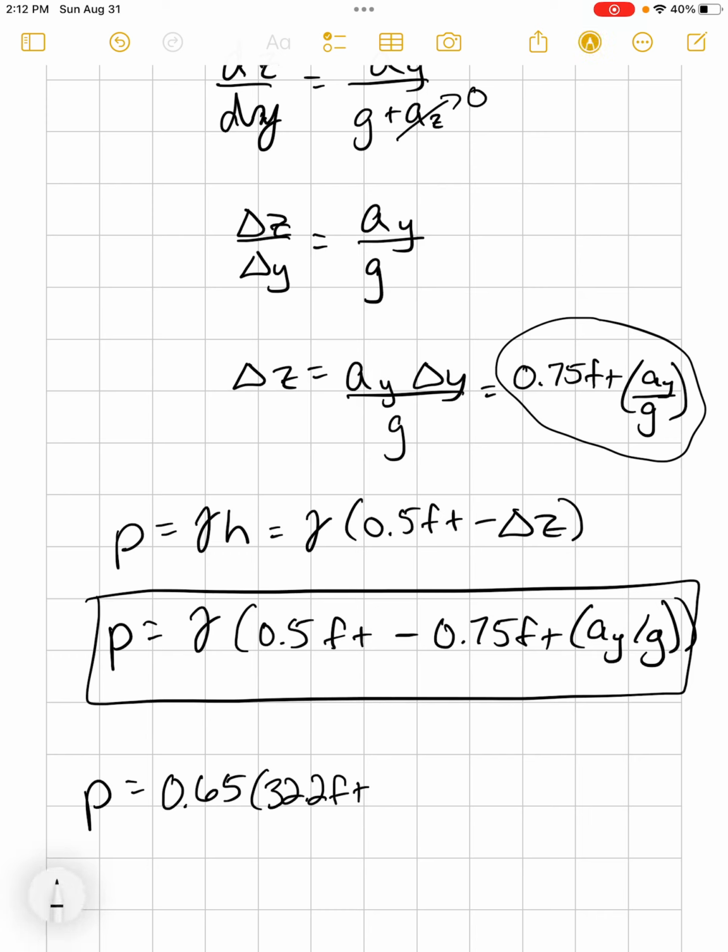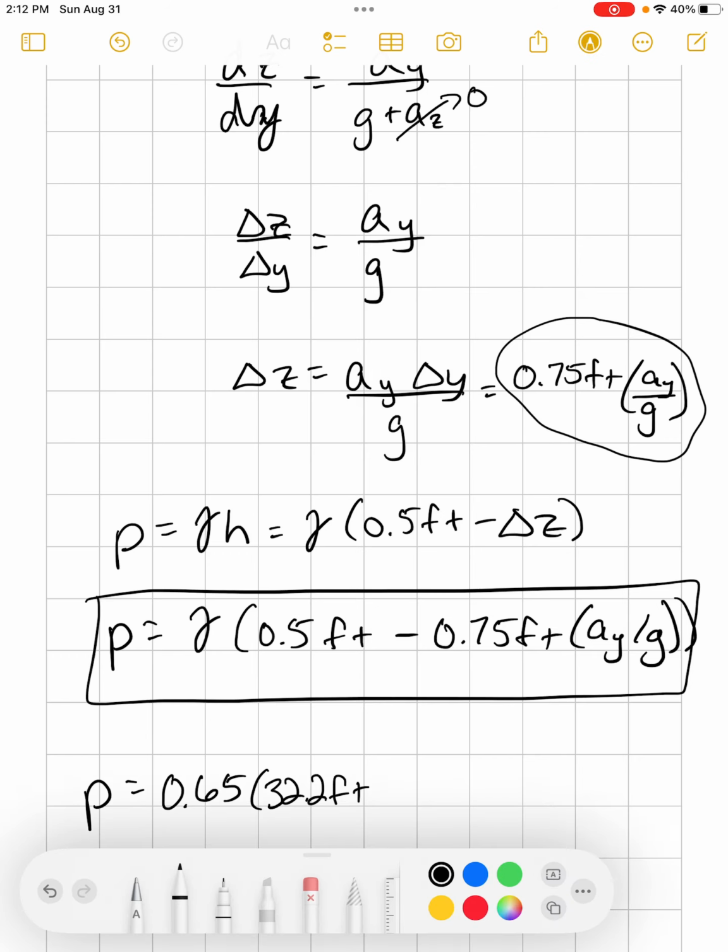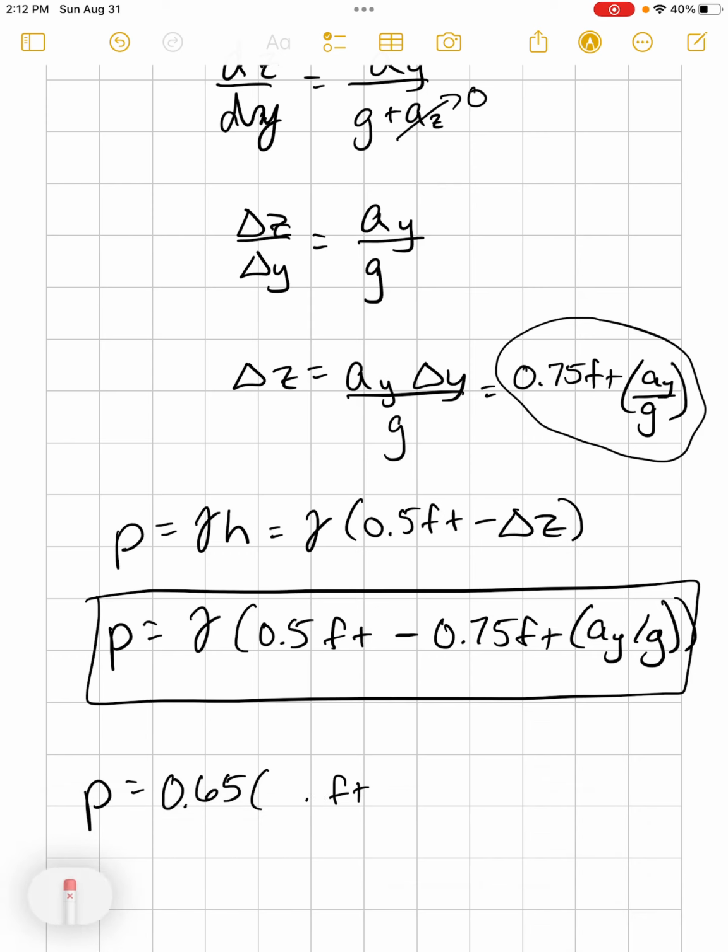No, sorry, can't use that eraser. Sorry, I think the book wrote something, pressure times area. I think the book wrote something wrong down here, so I'm going to leave that for a second.